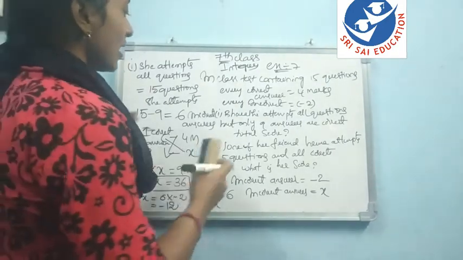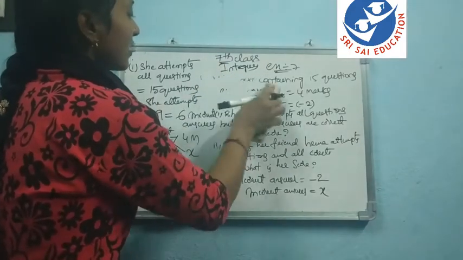Total score means correct answers plus incorrect answers.